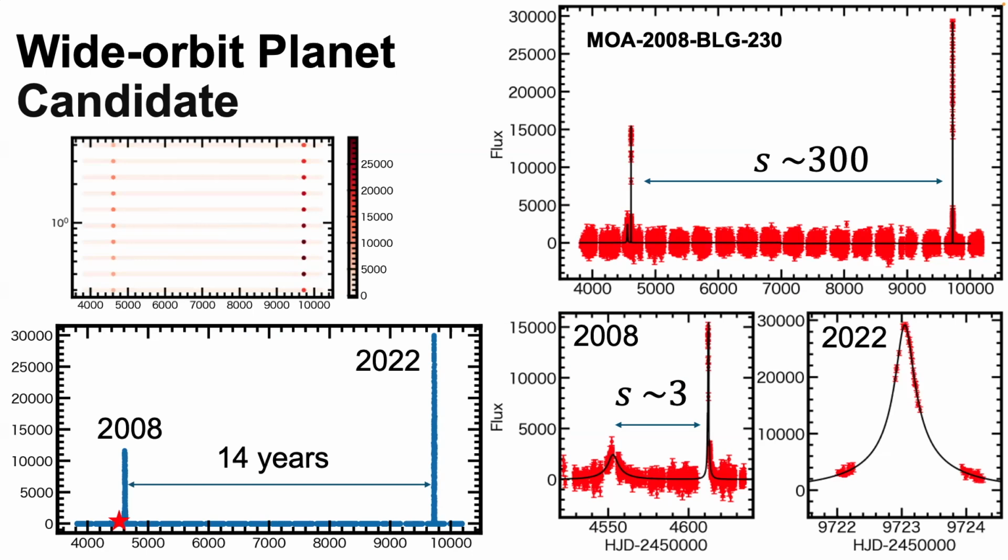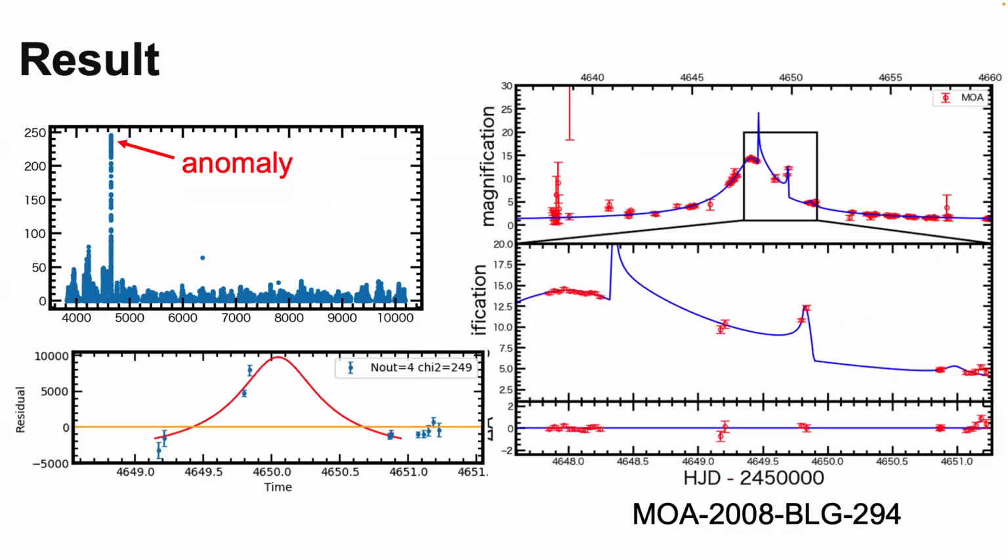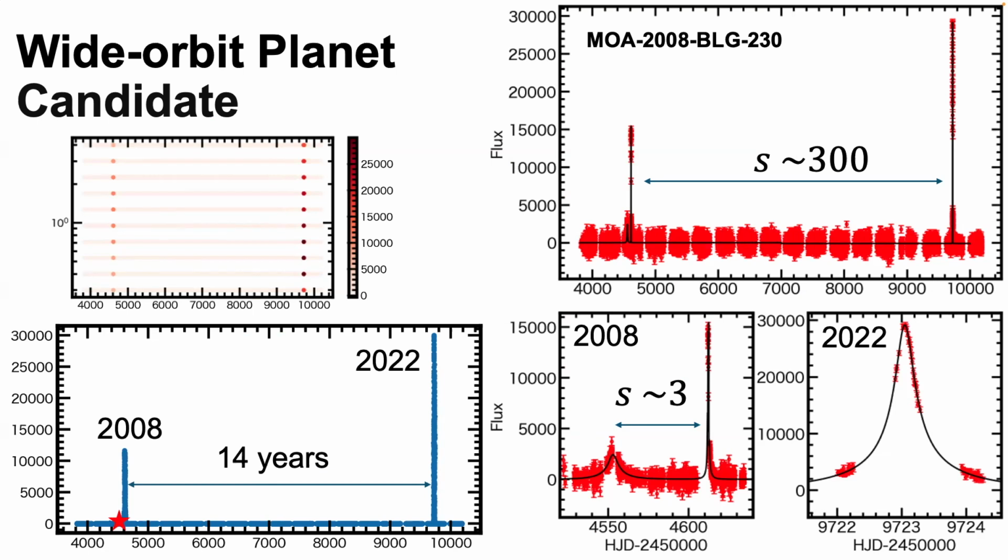Do you have an expected number of these types of anomalies, even if things are not bound in wide planets? Given just the generic free-floating planetary mass population, how many of these types of events do you expect to detect, even if they're not actually wide, they're just close in time?